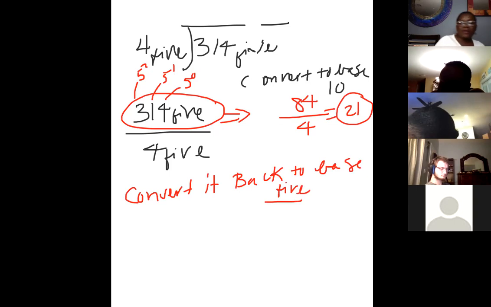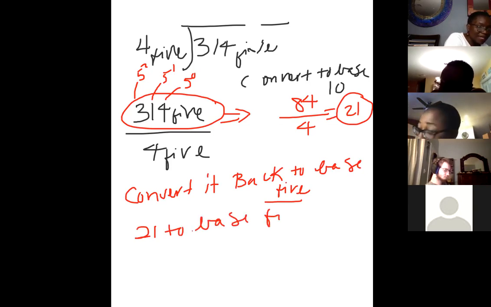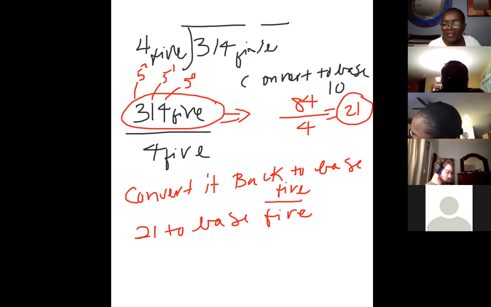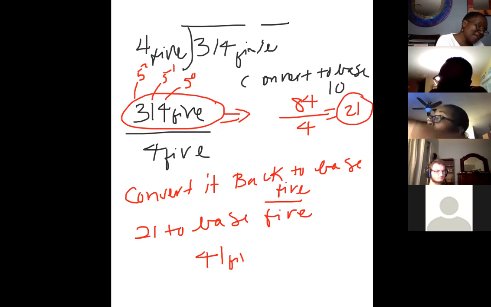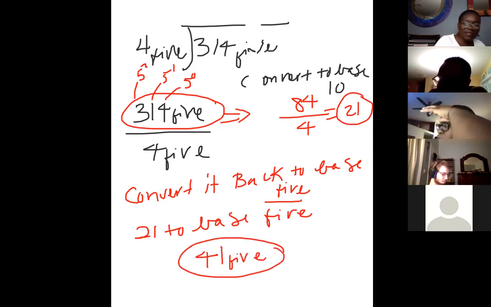So now we're gonna take 21 and convert it to base 5. And guys, this is easy enough. 5 goes into 21 how many times? 4, with what left over? 1, base 5. And there was the answer.